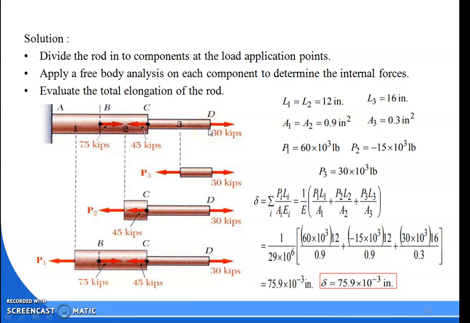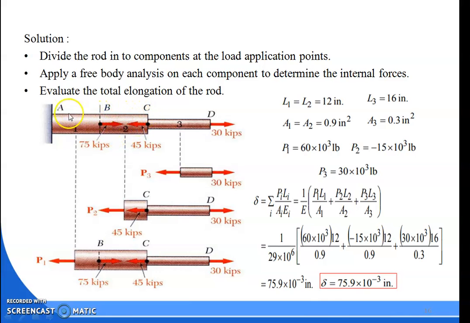As I said in the previous class, first of all, the length of the section: L1 equal to L2 equal to 12 inch. That means L1 is the length from A to B, and for section 1 the length is equal to section 2.